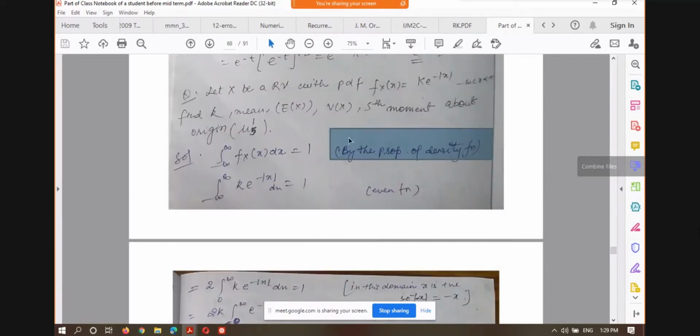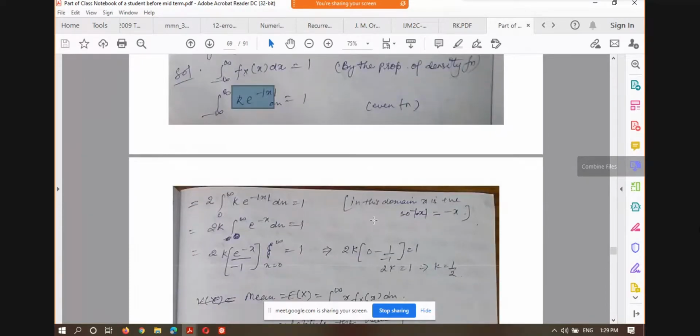And then you substitute its value, because for all values of x from minus infinity to plus infinity, it has a single definition, this one. So we have substituted here. Now you can see this mod x is a mod value.